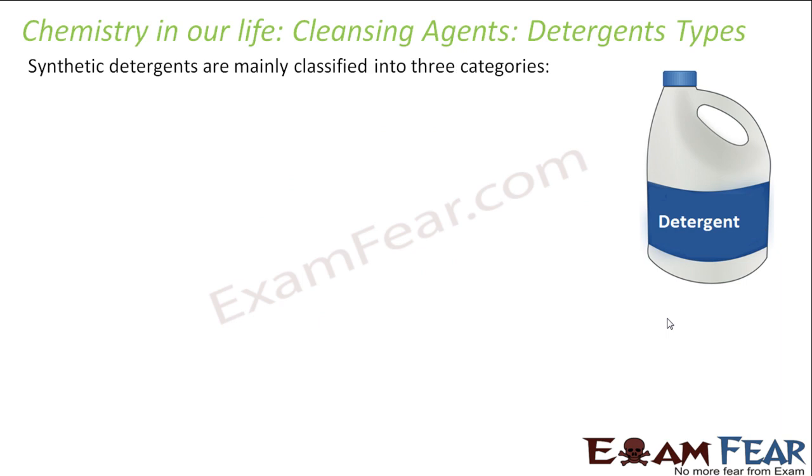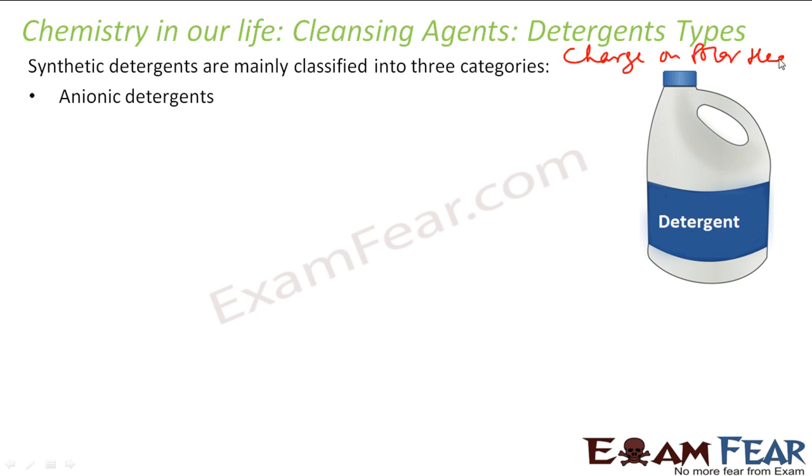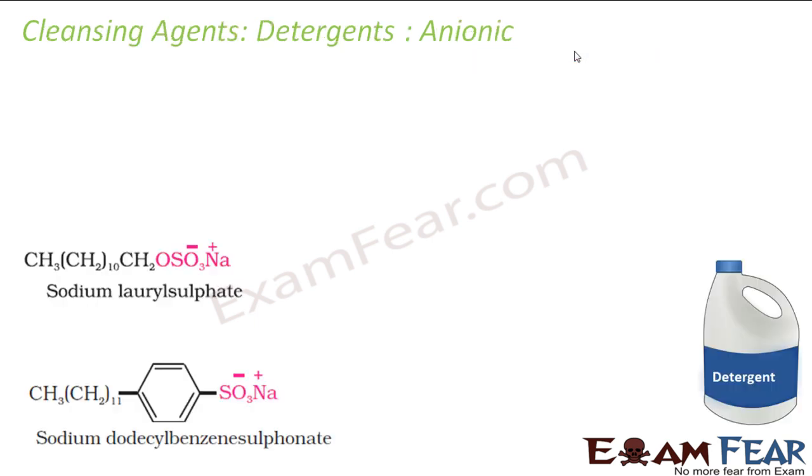So three types based on the charge on the polar head: anionic detergent, cationic detergent, and non-ionic detergent. If we talk about anionic detergent, here the polar head is negatively charged. Anionic, the word says the polar head has negative charge.